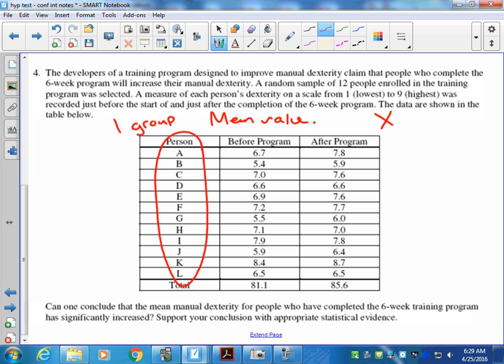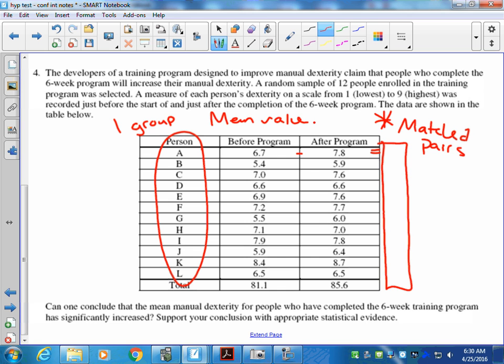So this is the big key to do a matched pairs. This is a matched pairs situation, and what we have to do is find the difference of all of these values, and this actually turns into a one sample problem once we find all of the difference values.